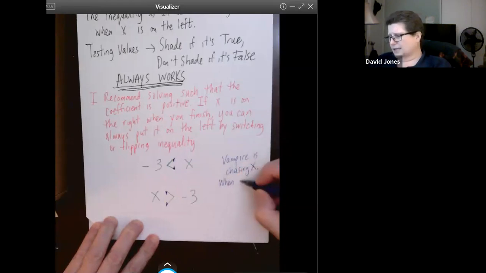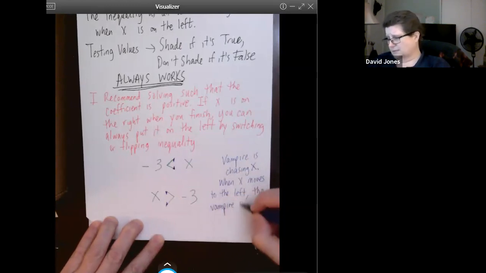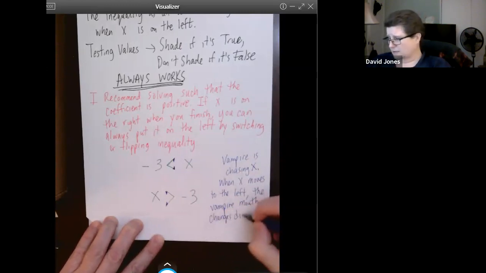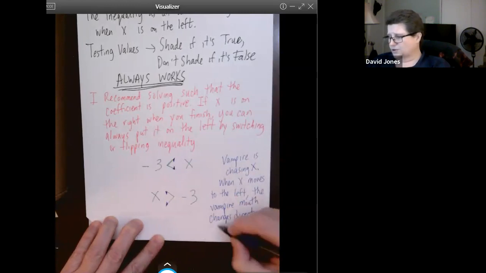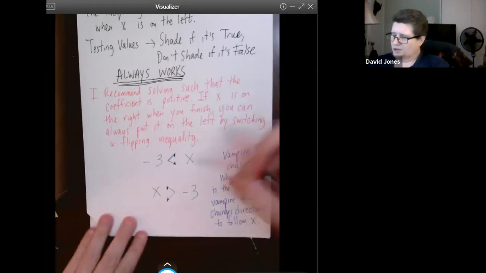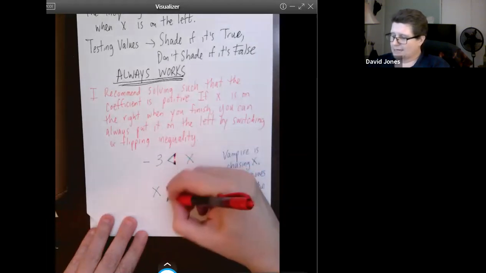When x moves to the left, the vampire mouth changes directions to follow x. Maybe I should use red for my teeth, because vampires get blood on their teeth, right?